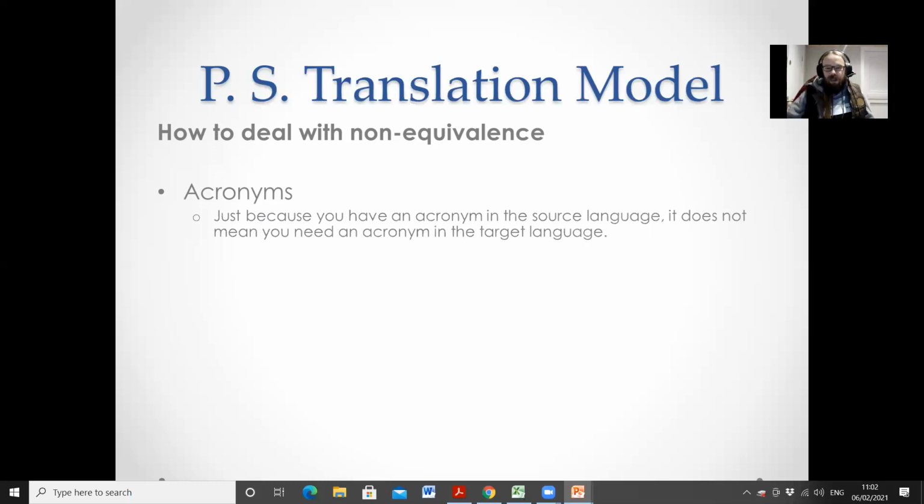So, for example, the abbreviation NHS. Just because you've got the abbreviation NHS there in the source, do you necessarily need it in the target?